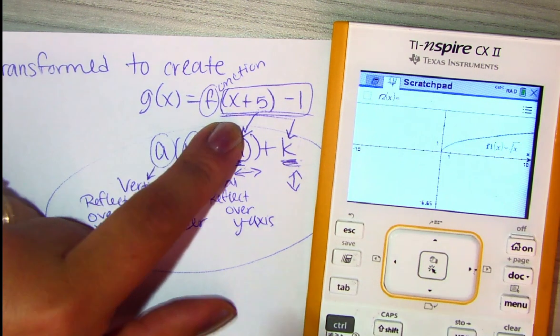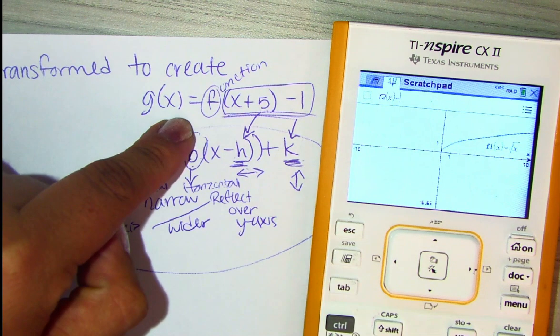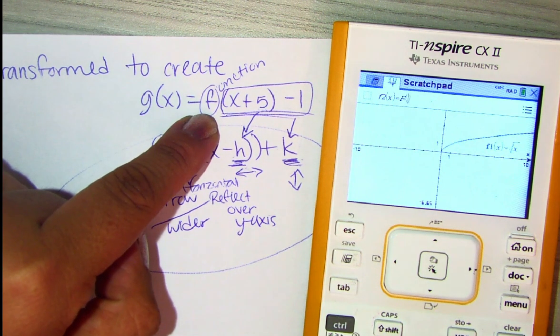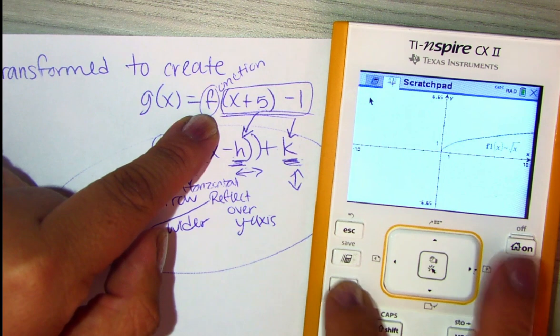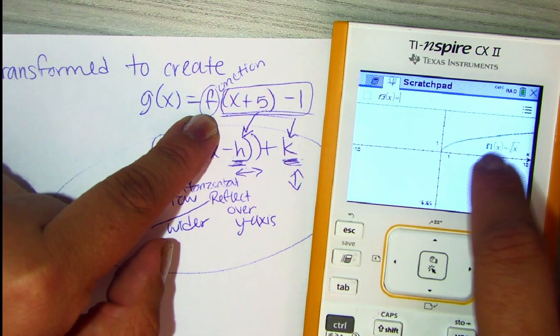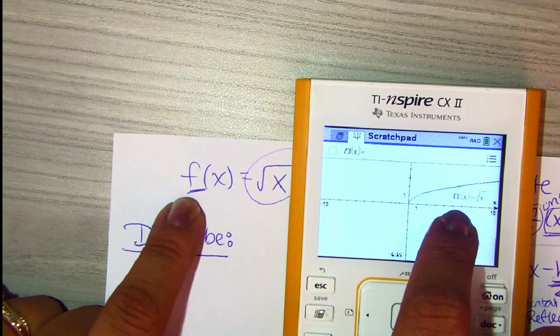This is where some of you get confused because of that f. If you type exactly what you see here, f parentheses x plus 5 minus 1, nothing is going to happen because the calculator is not recognizing what you're saying. But if you notice, the parent function, the one you started with first, is labeled f1, just like this one's labeled f.